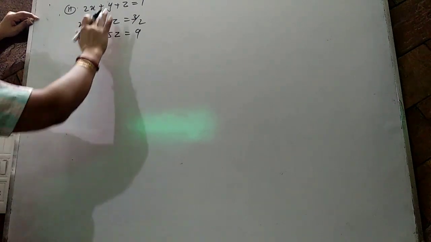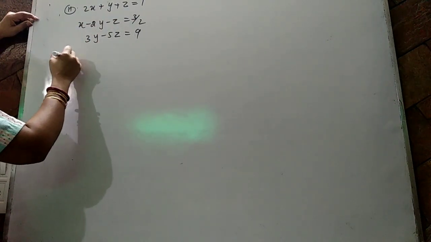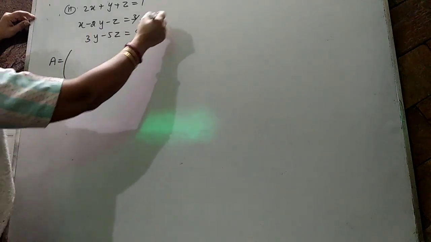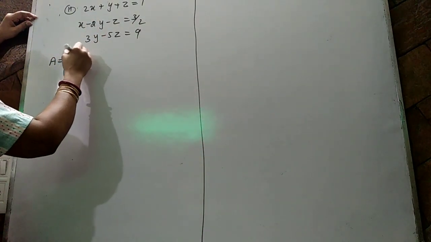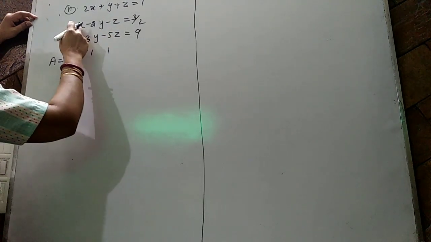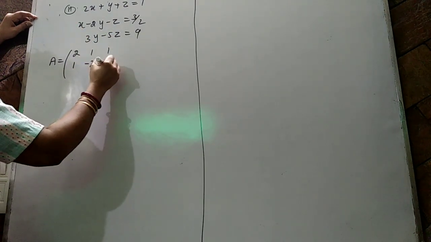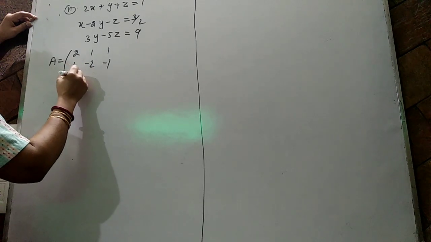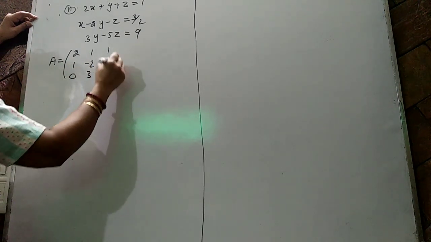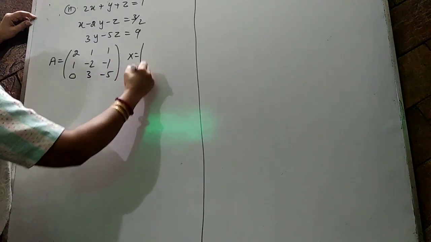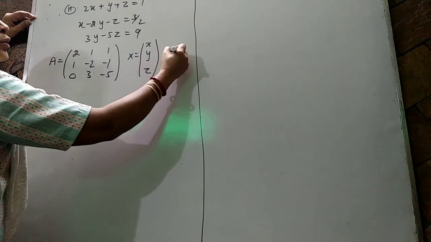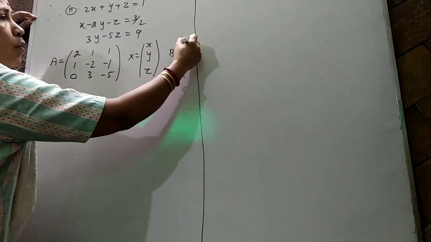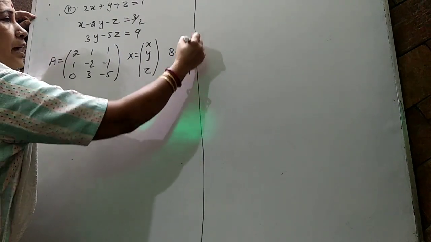First you have to write the system in matrix form as A into X equal to B. The A matrix, we will get 2, 1, 1 order wise, then 1, minus 2, minus 1, then here there is no x, write 0, 3, minus 5. The X matrix is the variables X, Y, Z, and the constants give the name B matrix, that is 1, 3 by 2 and 9.